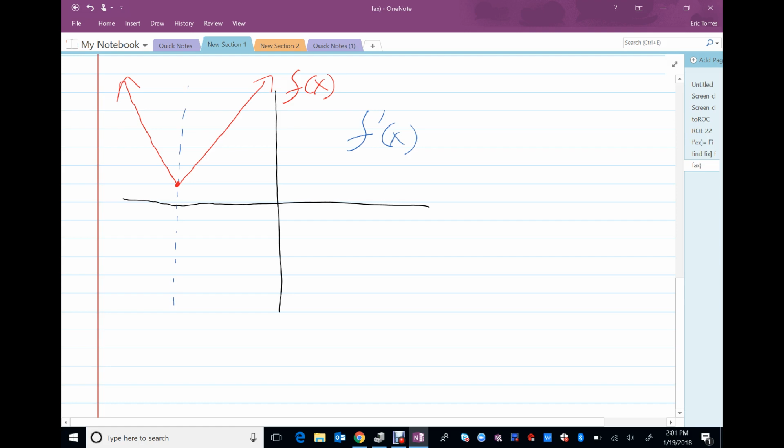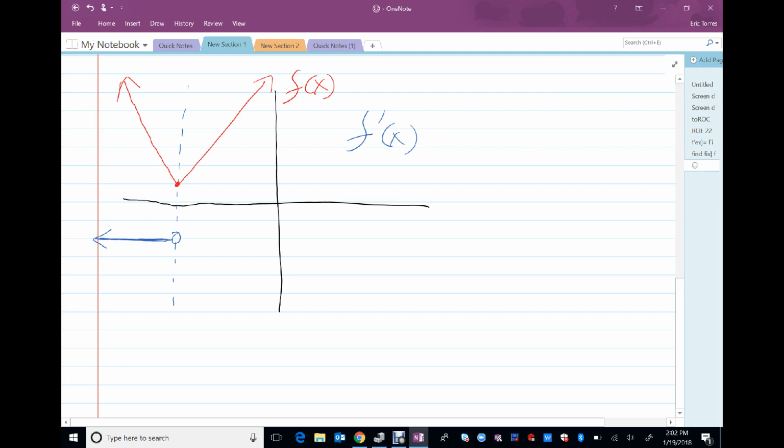But let's think about this. Let's say this slope here is some negative number, but it's constant, which means if it was, let's say, negative 2 over here, it would still be negative 2, negative 2, negative 2. And I'm just going to put an open dot here right now. Sorry, my line's quite ugly. Let me try erasing that and making it pretty. This would represent that constant slope of a straight line.